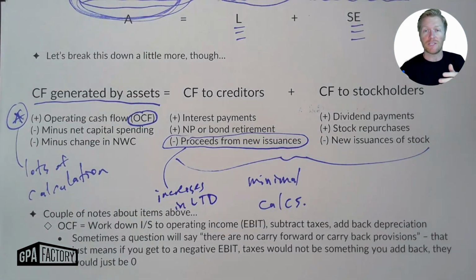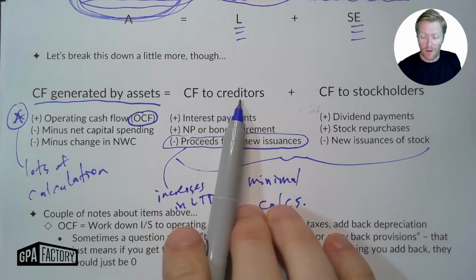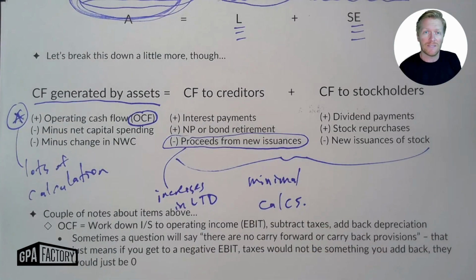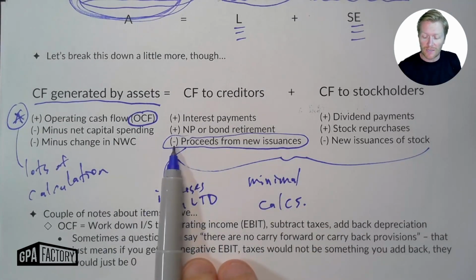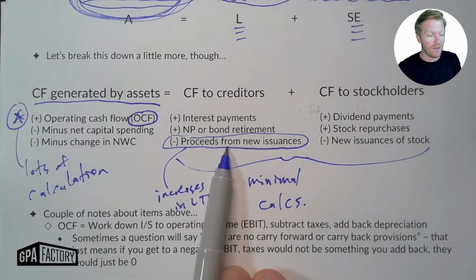So if there's an increase in long-term debt, we go from 50 up to 55,000. Just to make numbers easy, if we go from 50,000 of bonds payable up to 55,000, that means that we actually received money from bondholders. We received it. So it's not cash flow that's going to creditors. It's actually the opposite of that. Cash flow coming from. That's why we subtract off any increases in long-term debt.